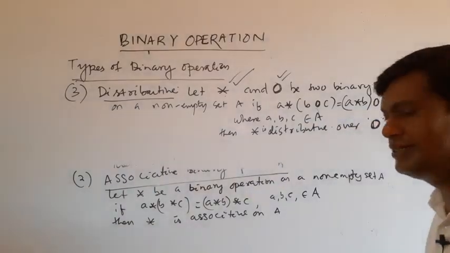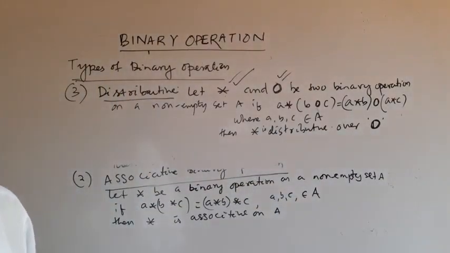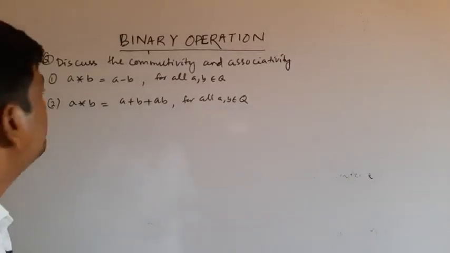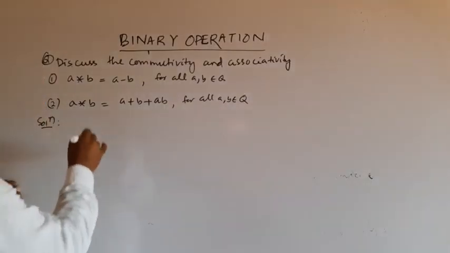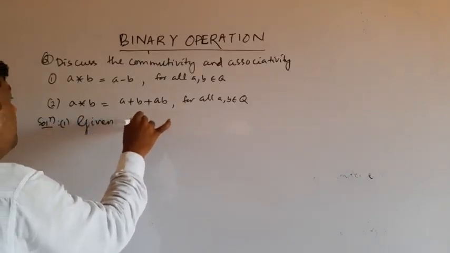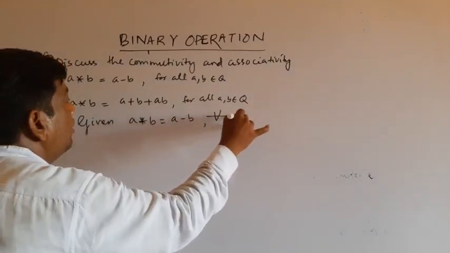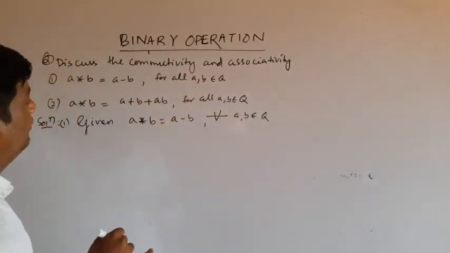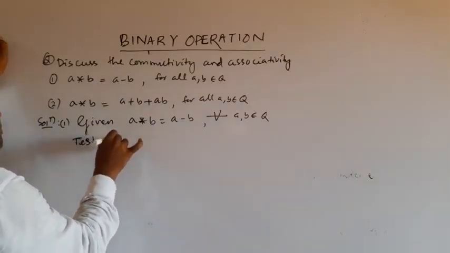Now let us see some examples related to the types of operation. Discuss the commutativity and associativity of the following operations. Solution 1: given a star b is equal to a minus b for all a, b belongs to the set of rational numbers Q, clear? Now test for commutative.